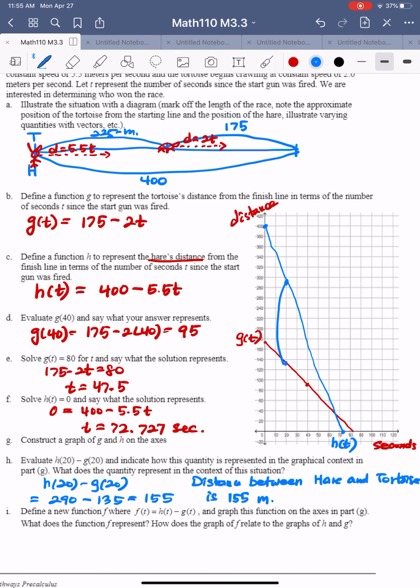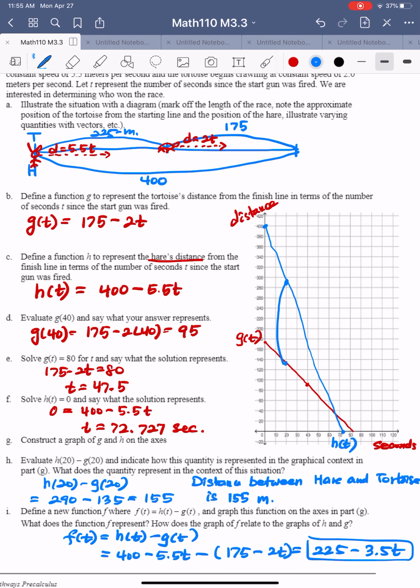And define the new function f, where f of t equals h of t minus g of t, and then graph the function on the axis. So f of t becomes h of t minus g of t. So h of t was 400 minus 5.5t, subtract g of t, which was 175 minus 2t, and then it becomes 225 minus 3.5t.